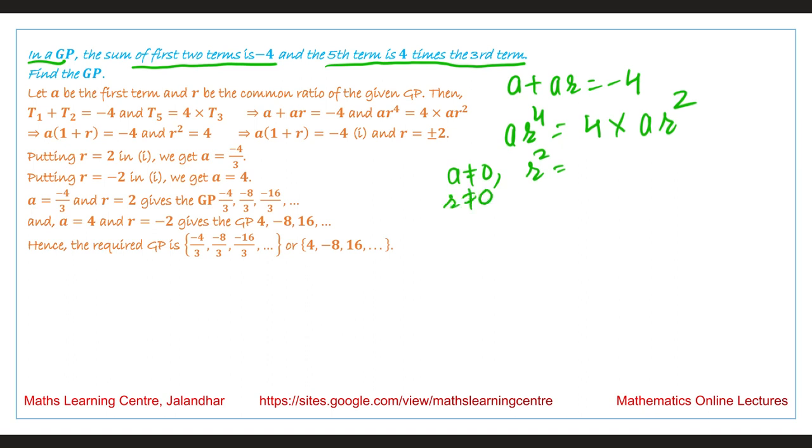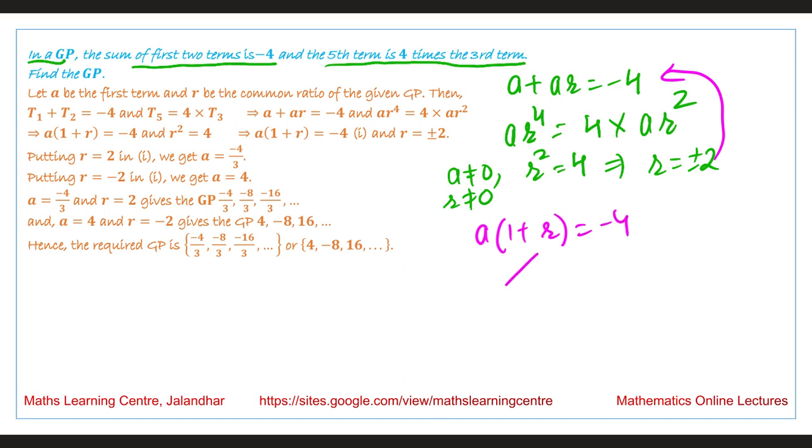So the value of r square we obtain is 4. This implies r is equal to plus minus 2. And if we substitute this value of r in the first equation, we will obtain a into 1 plus r is equal to minus 4. So we are having two values. When we substitute r is equal to 2, the answer we have is a is equal to minus 4 by 3, and when we substitute r is equal to minus 2, the answer we obtain is a is equal to plus 4.